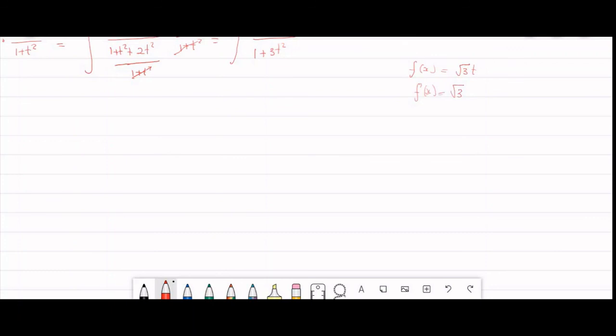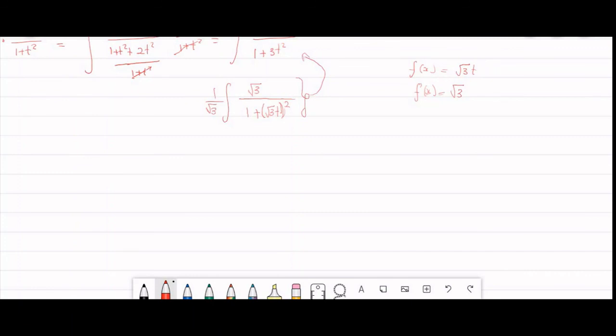So to substitute this, we will say an integral of a square root of 3 over 1 plus a square root of 3t all squared. So therefore we need to make this to be the same as this. So that means we'll divide by 1 over a square root of 3.